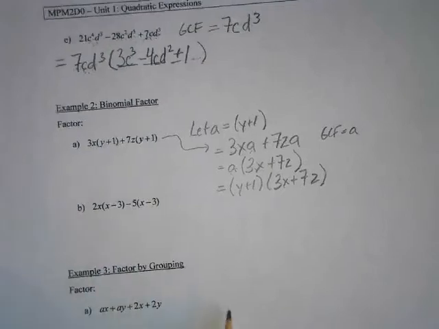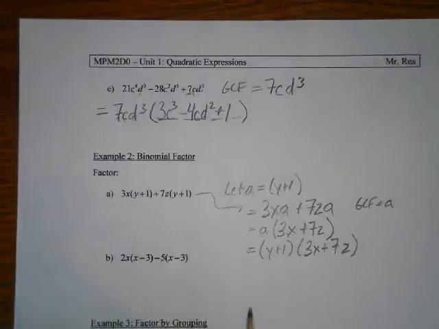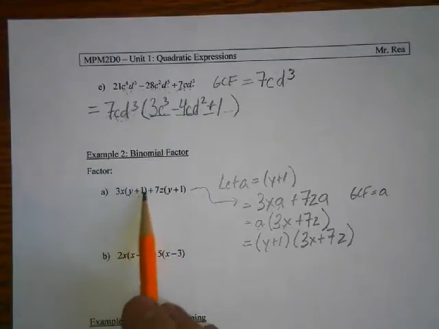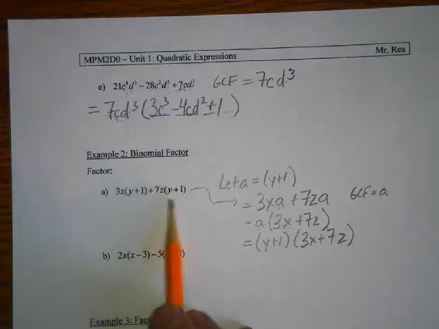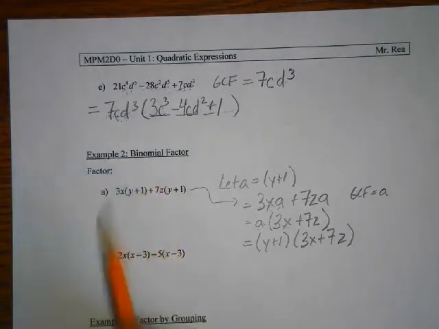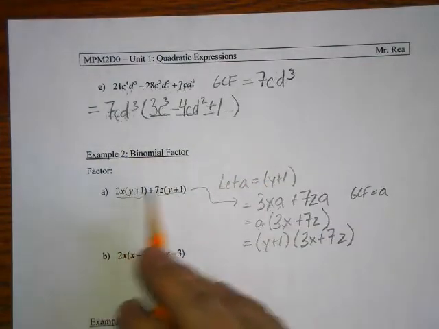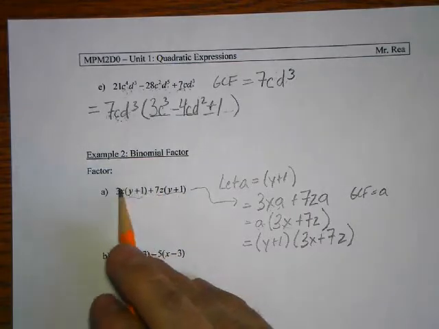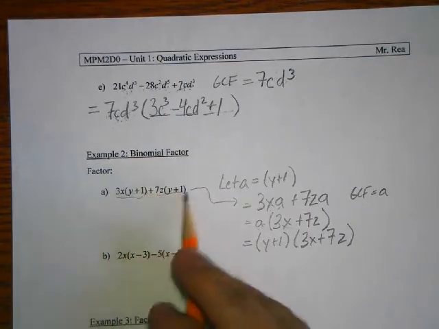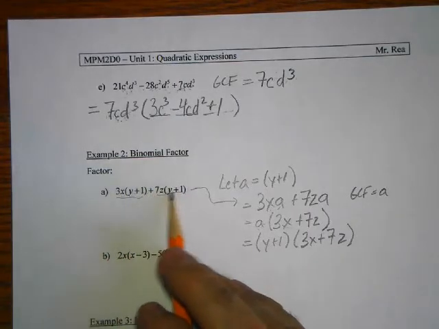Okay, so here's what you have to do for these binomial factors. So you almost have to think of, what do we have in common in these two things? Well, we have the y plus 1. The y plus 1 is multiplying within both of these so-called terms. So that's actually a common factor.